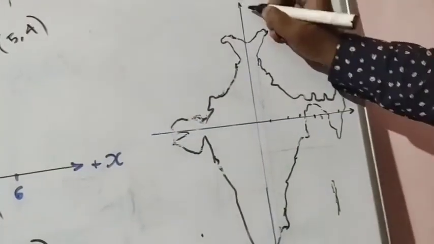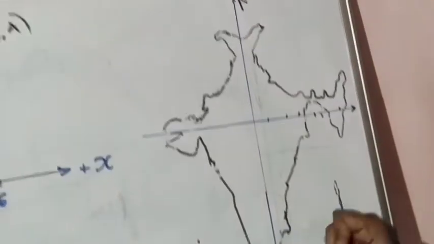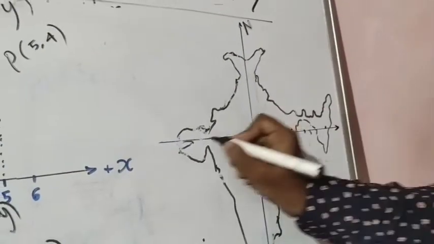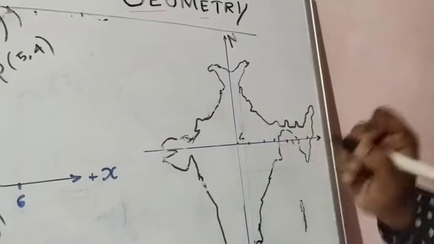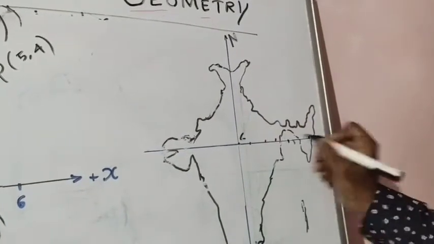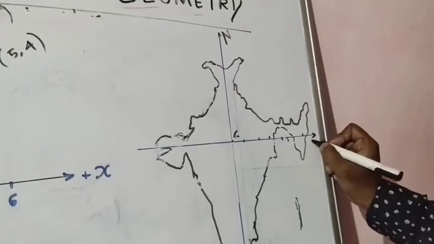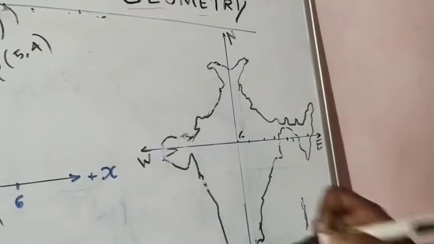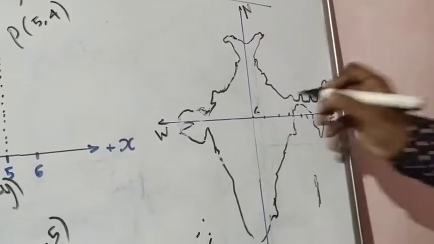Positive y is north, negative y is south, and the center is zero. From the center towards the right is east, and towards the left is west. So North India, South India, East India, West India, just like that.